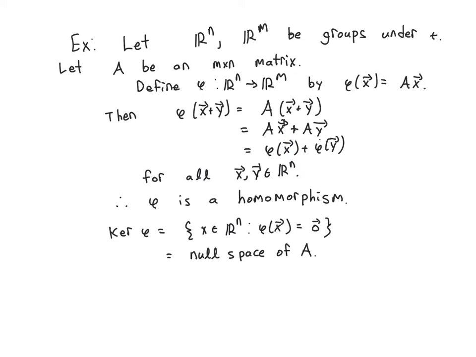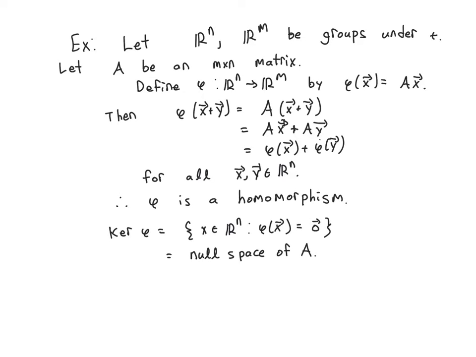Well, that's just phi of x plus phi of y. And so in linear algebra class, we say phi is linear because not only is this true, but if you multiply by scalars, a corresponding property is true. But for our case, we don't care about that. We only care about this feature. So it turns out phi is a homomorphism. So linear operators are in fact homomorphisms.